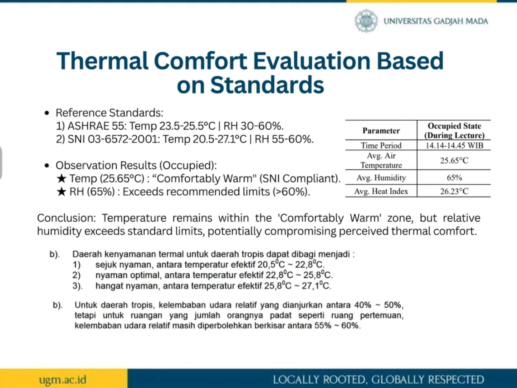However, the average relative humidity of 65% exceeds the upper recommended limit of both standards. This elevated humidity level indicates a potential reduction in perceived thermal comfort even though the air temperature remains within acceptable limits.